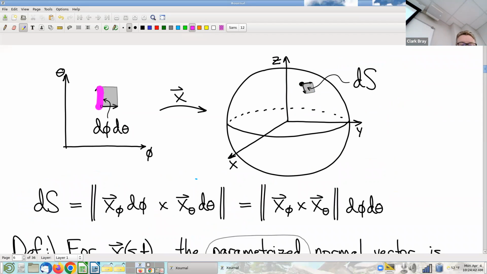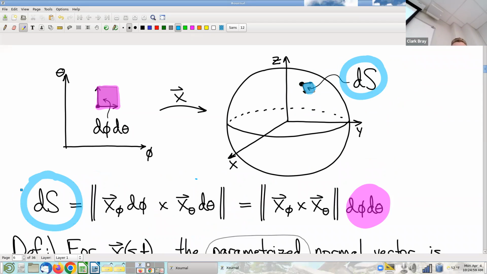And so with them pulled out, even better news then. Having started with d phi d theta as the input area, note that what I factored out is that d phi d theta. And keeping in mind that what I was computing was ds, so I was computing the output area, I see now that it's a multiple of the input area.